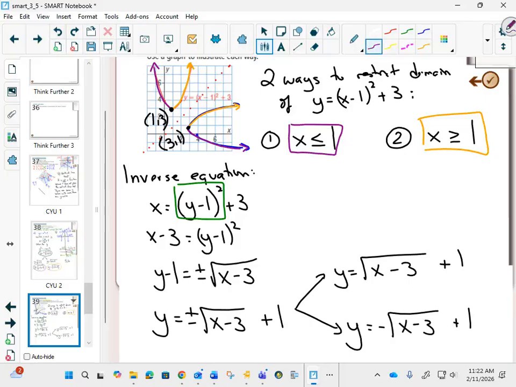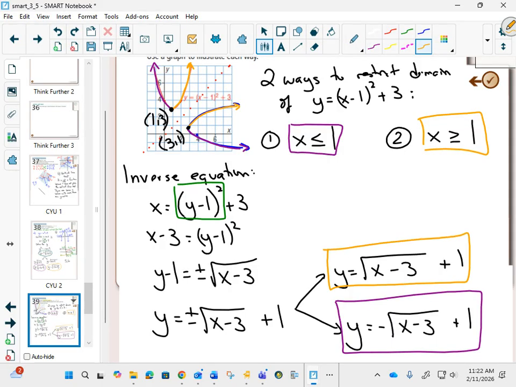That would have matched up with the bottom, right? And the bottom matches up with the purple graph. And so that makes this one go with the orange graph. So this equation goes with this domain restriction. This equation goes with this domain restriction.